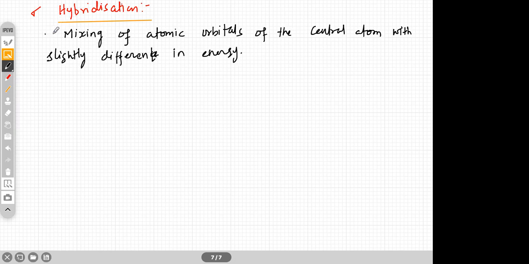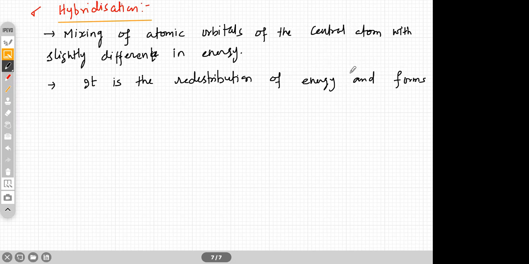It is the redistribution of energy and forms a set of new orbitals of equal energy.